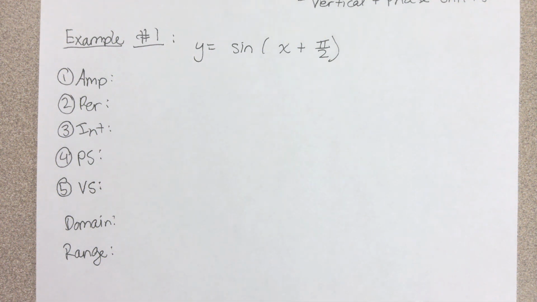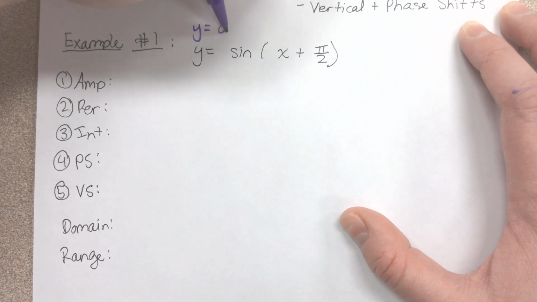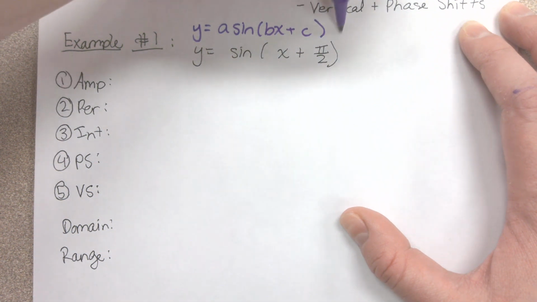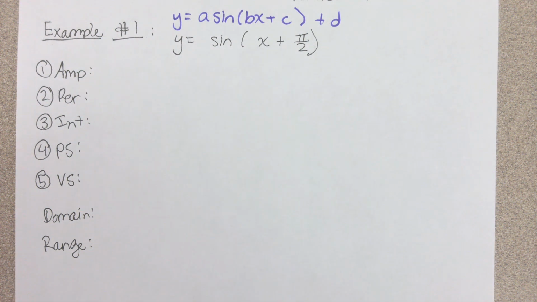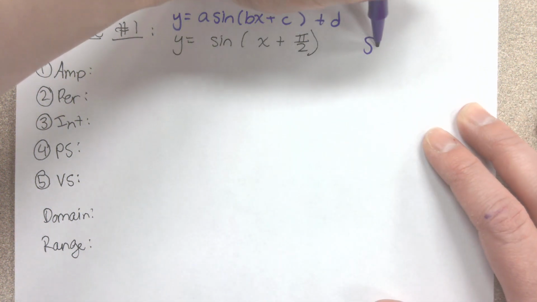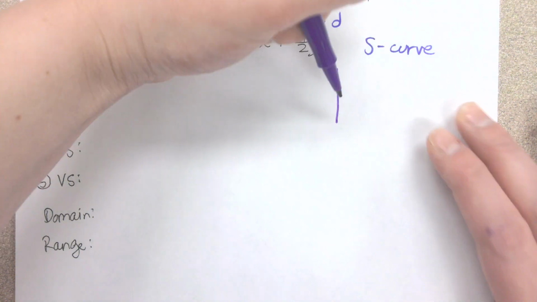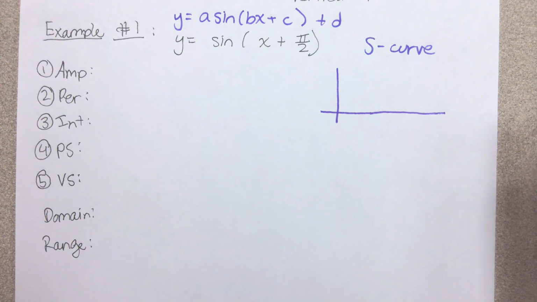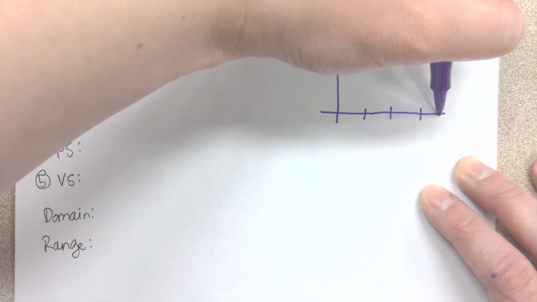Before I actually break down the equation, let's start with the basics. General equation: y equals a sine of bx plus c plus d. Sine very conveniently makes an S-shaped curve. So we're going to draw our mini graph here. 4 intervals.